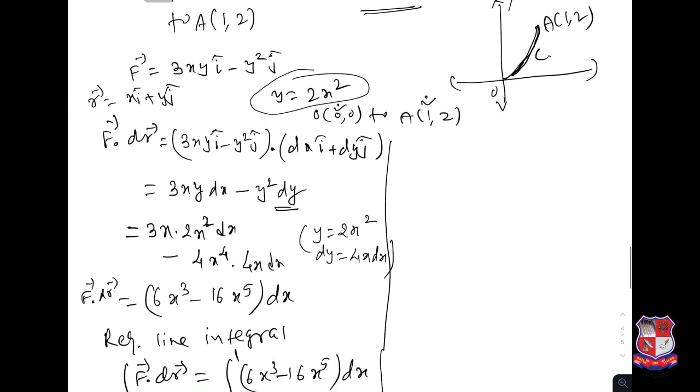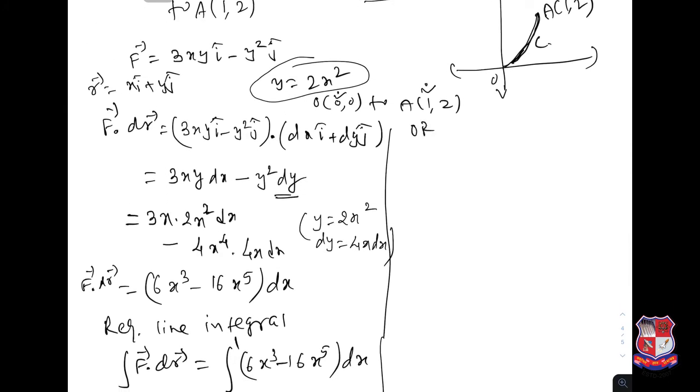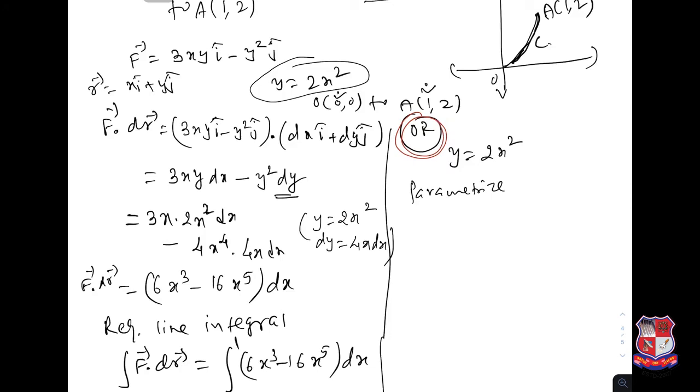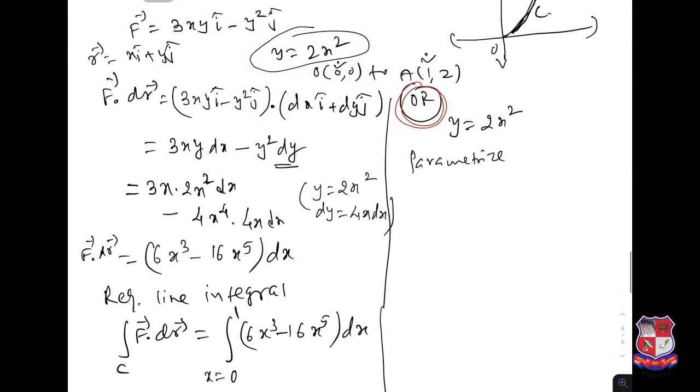And even if you want, you can parameterize also, it's not a problem. You can parameterize y equal to 2x square. So let us parameterize like this. Say x equal to t, then y equal to 2t square. dx is dt, same way dy is 4t dt, and then you yourself find f dot dr by dt.